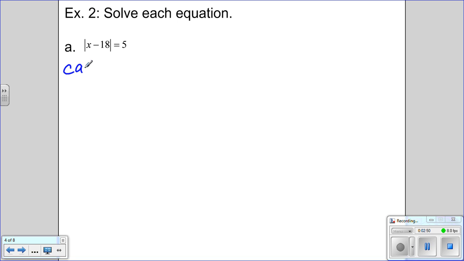Here's case 1. x minus 18 could equal 5, because when we take the absolute value of 5, we'll get 5. Case 2, x minus 18 could equal negative 5.